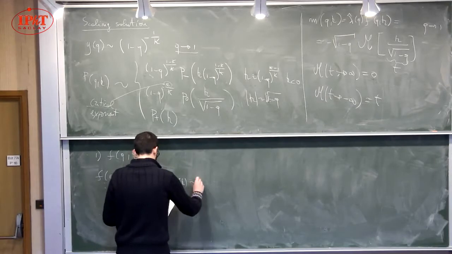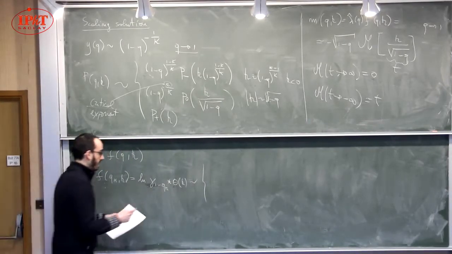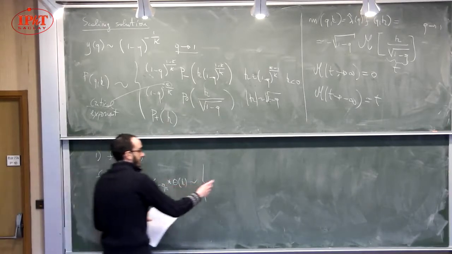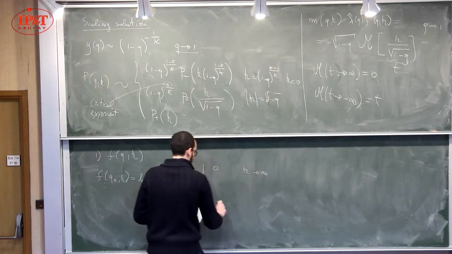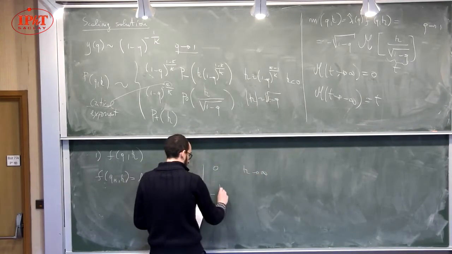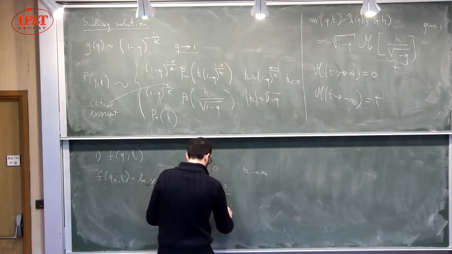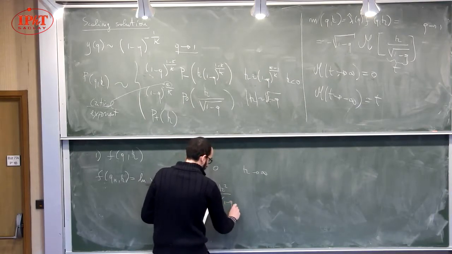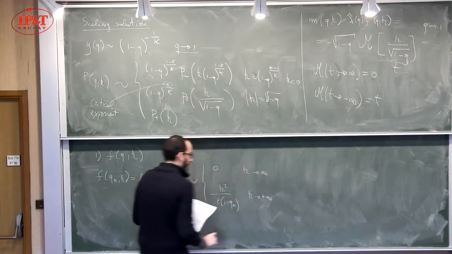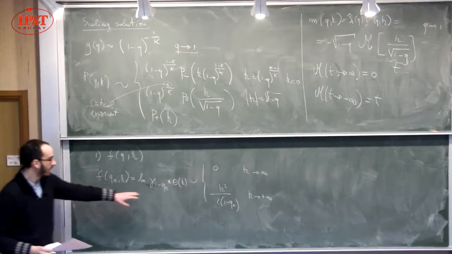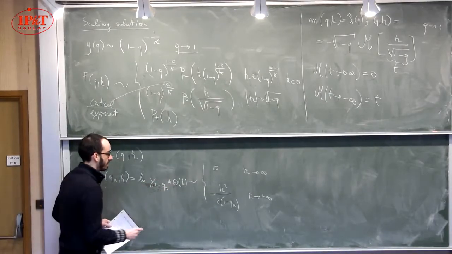And this is for h that goes to minus infinity, and it is 0 if h goes to infinity, and this minus h squared divided by 2. You can just work out the asymptotic expansion of this, it is simple.